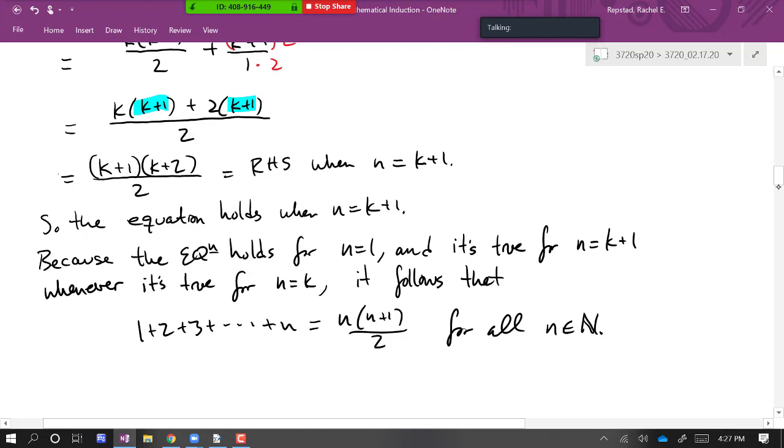I kind of missed the step when we went from our second to last equation, the k times k plus 1, going from here to here. What exactly did we do? So the part highlighted in blue is a common factor of k plus 1.